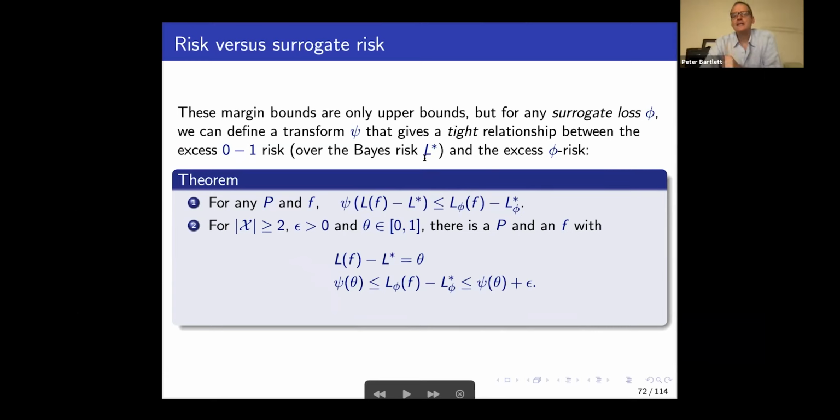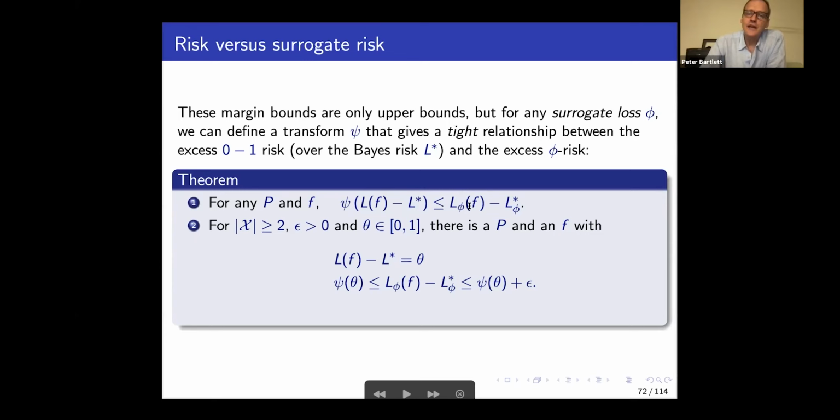Over the best possible, not just within your function class, but with any function class. There's no restriction to a class of functions in this theorem. L star here is the minimal risk over all measurable functions, so the very best you can do with complete knowledge of the probability distribution and no restriction to any function. You just want to have your expectations defined.